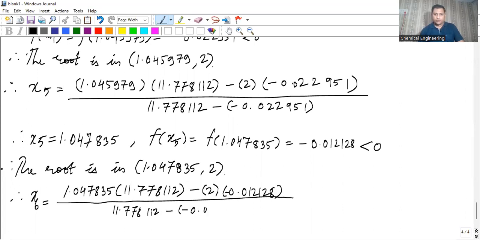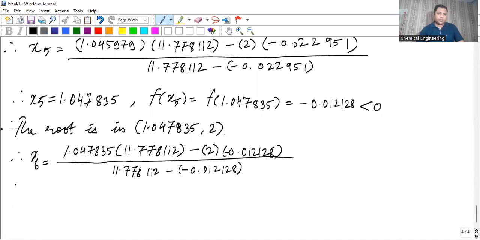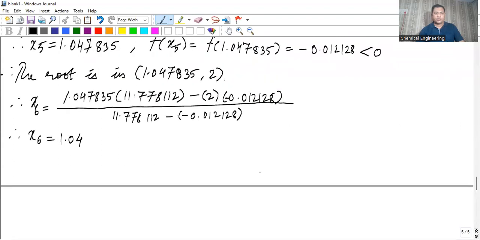If you write everything properly, then definitely you will not miss any calculation and you will get the correct answer. So I hope you will calculate this value correctly, x6.